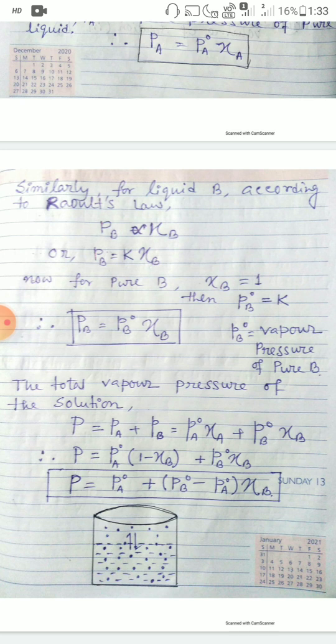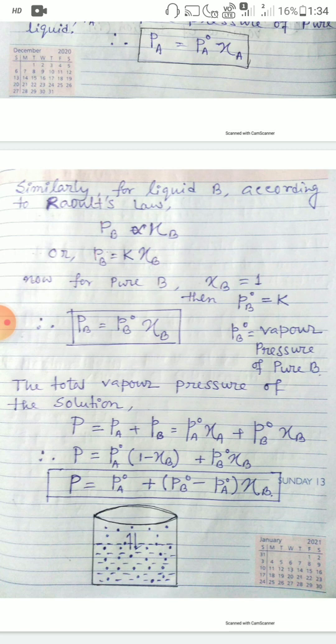So the total vapor pressure of the solution will be equal to the sum of the partial pressures of A and B. Now P is equal to Pa plus Pb. P is the total pressure, and according to Raoult's law, Pa is equal to Pa0 into Xa, and Pb is equal to Pb0 Xb.